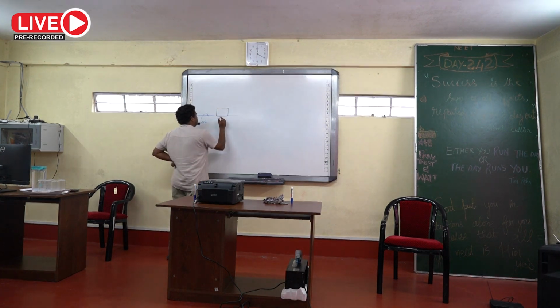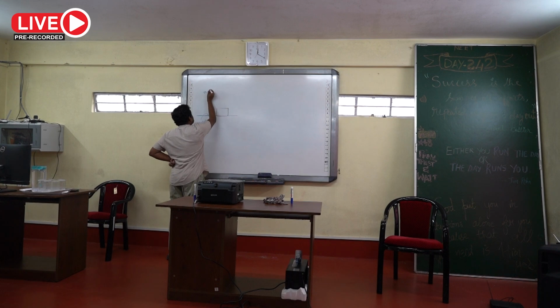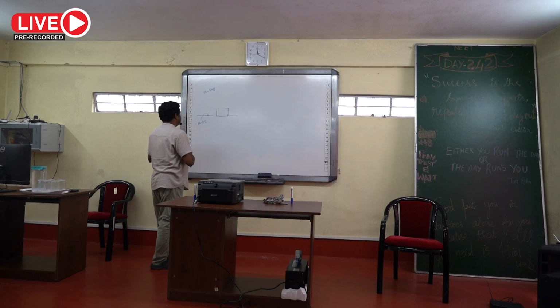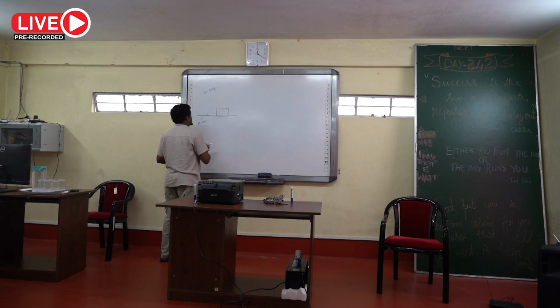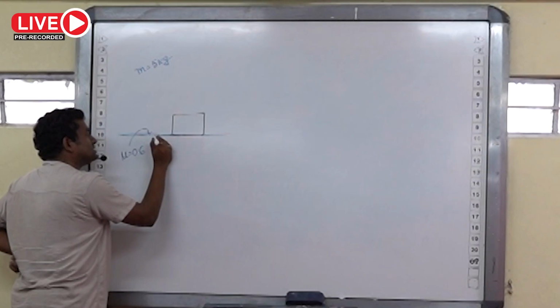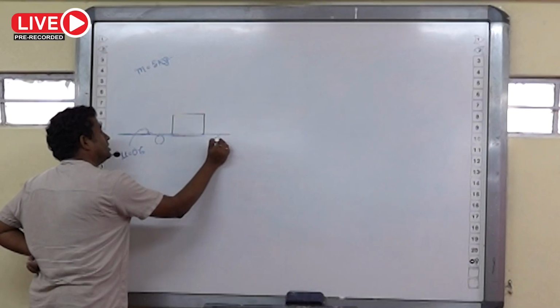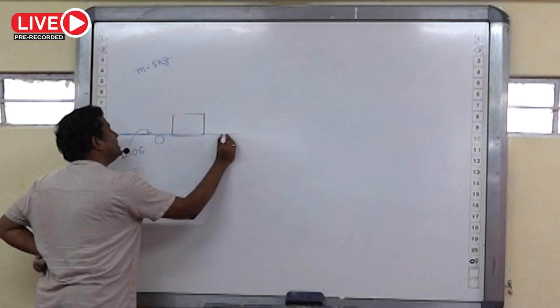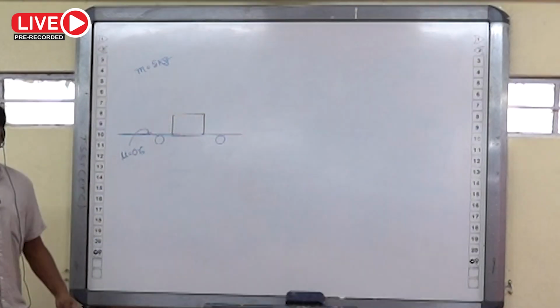Mass of the block is given 5 kg. Let us consider this horizontal surface is the surface inside a moving truck.